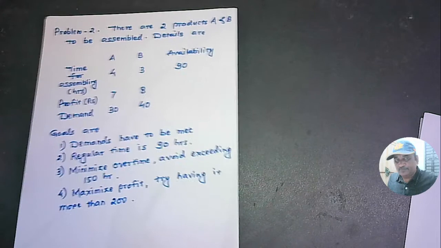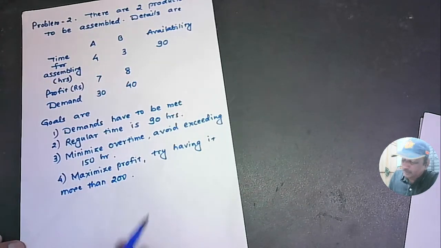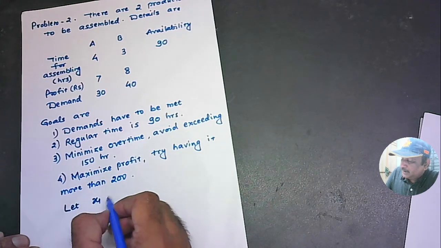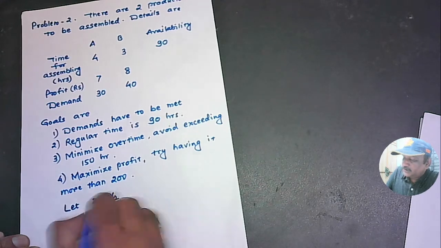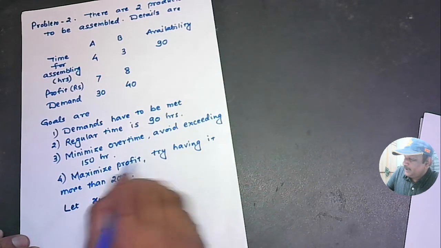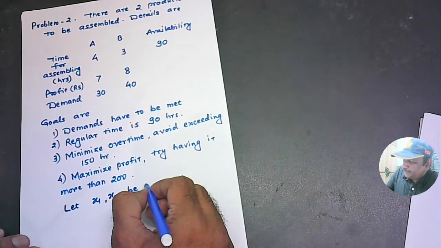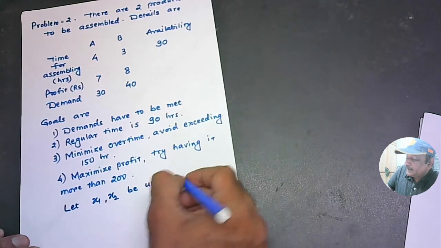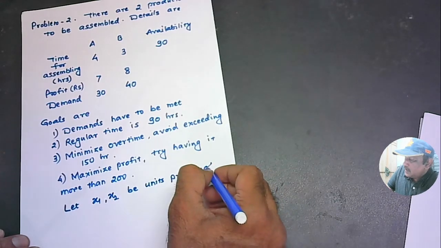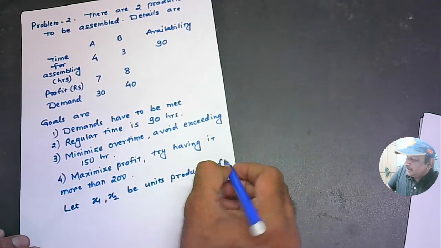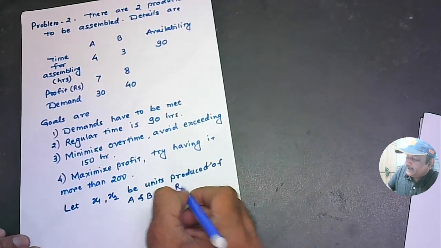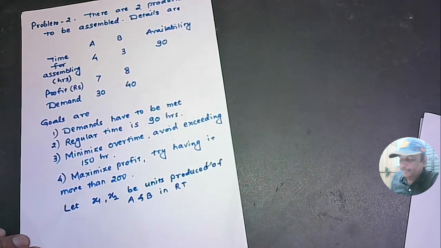Now let us see how we formulate. First of all, we will have to take the regular variables. Let x1 and x2 be the units produced of A and B in regular time, RT, I'll call it, regular time, right?